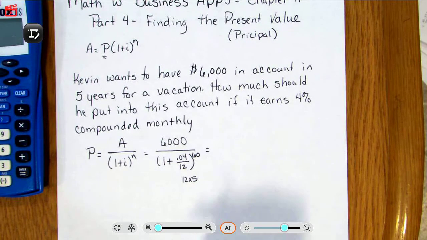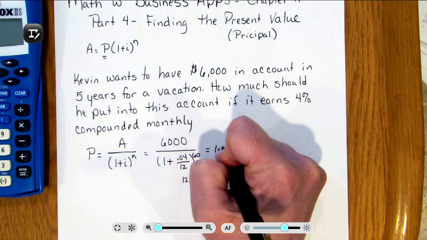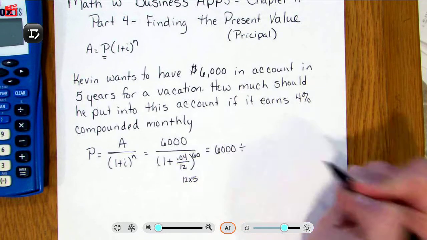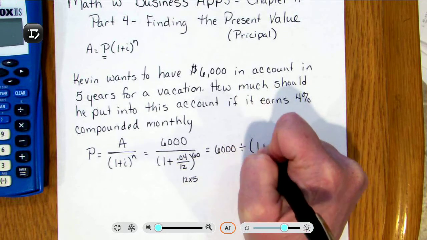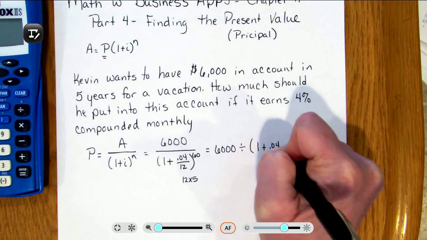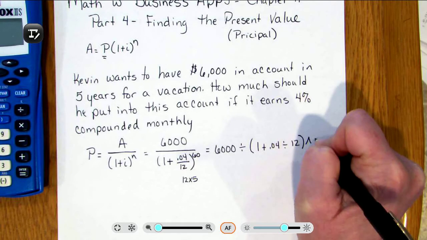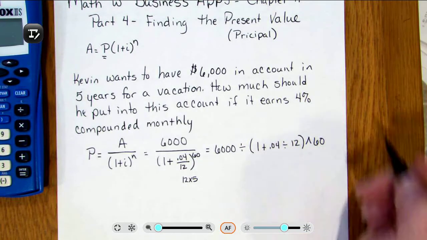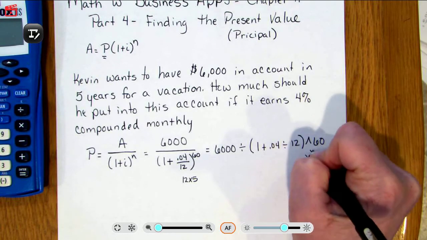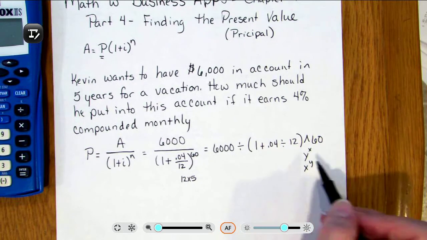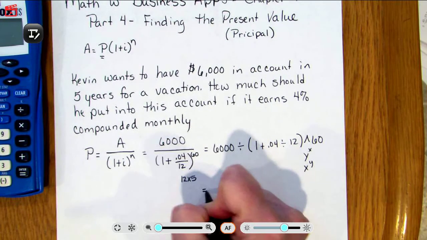All right, in order to do this on your calculators, the keystrokes: you're going to take that 6,000 divided by parenthesis 1 plus 0.04 divided by 12, and then we raise it to the 60th power. Some of you have a slightly different calculator for that piece, so you might be using one of those buttons.